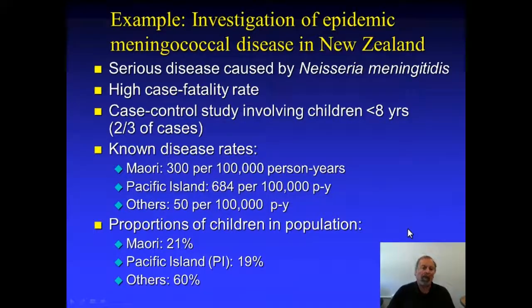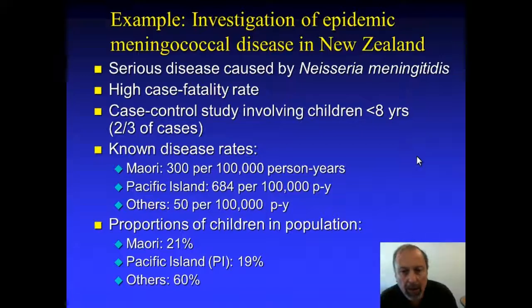Okay, now another example, and this is actually a real example, one that I was involved in when I lived in New Zealand in the 1990s. New Zealand had a major problem of meningococcal disease caused by the agent Neisseria meningitidis, and it was a serious problem, with a very high case fatality rate.